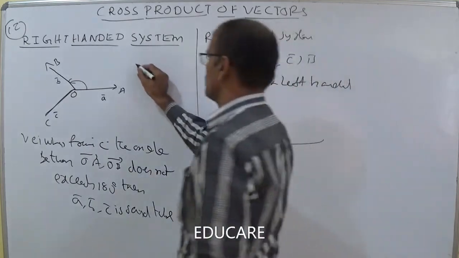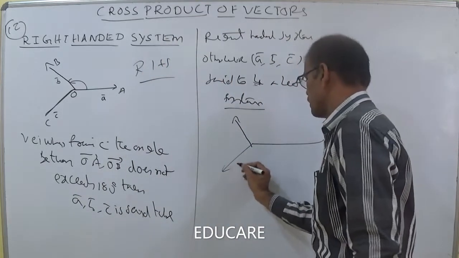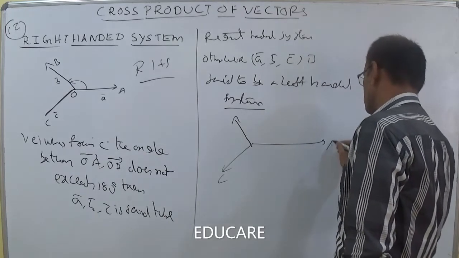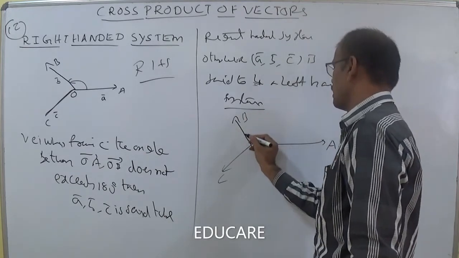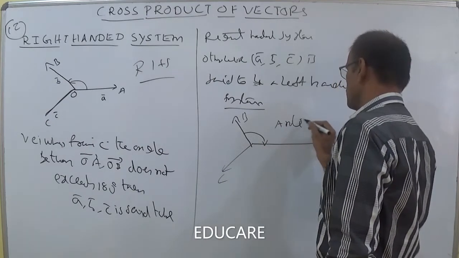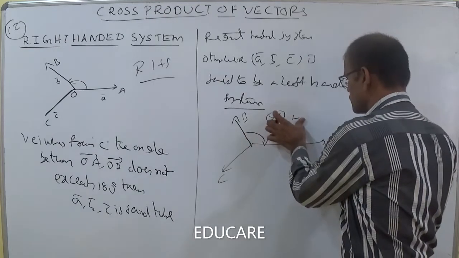This is a right-handed system, RHS. Now, viewing from point C, the angle does not exceed 180, in the anti-clock sense here. Here the angle theta is in clock sense.